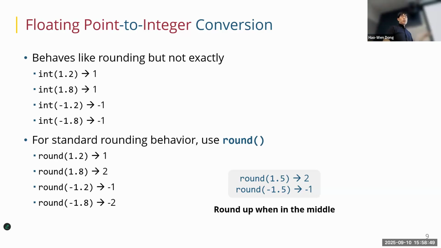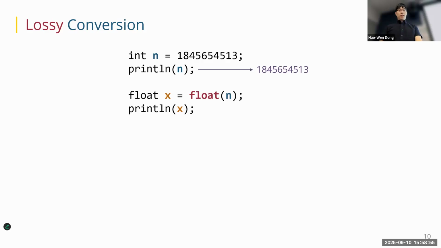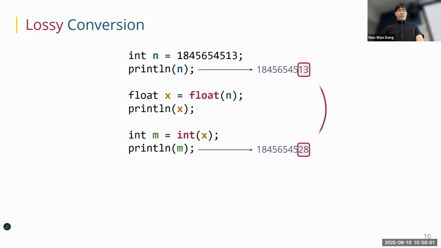Cool. So this is what I meant by lossy conversion. When you turn that into a float, you can actually see it when you try this in Processing.